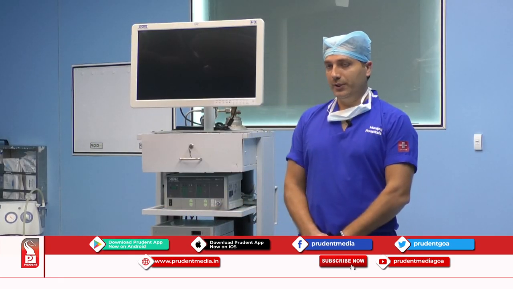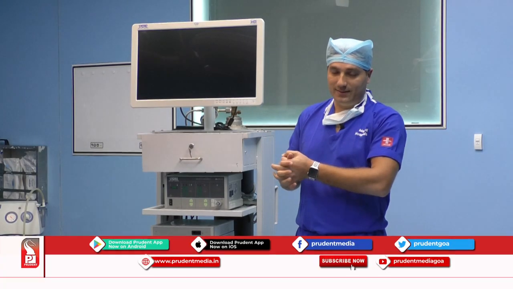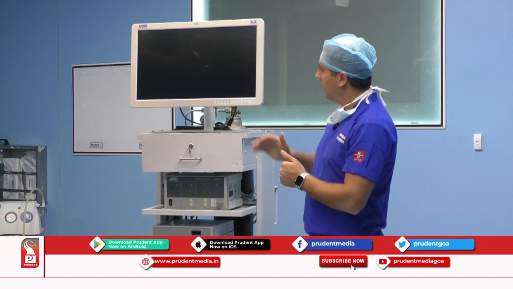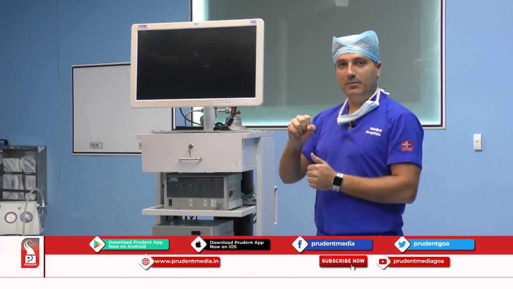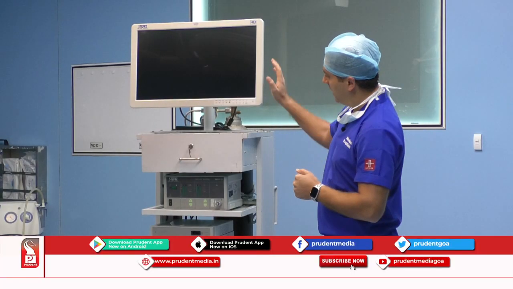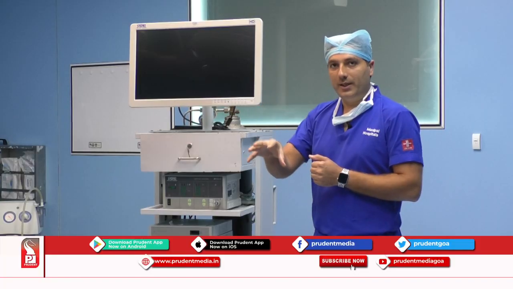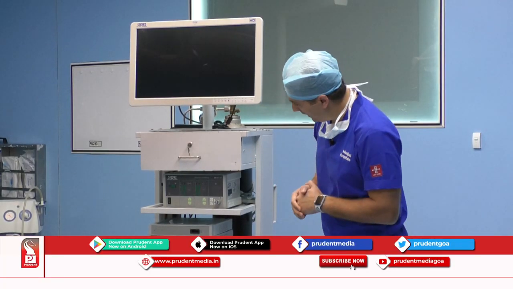I'm just going to talk to you about the basic laparoscopy setup that is necessary. This is the hardware that we need for the laparoscopic surgery. This is a monitor on which we see the images captured by the laparoscope. This is the insufflator, which will pump carbon dioxide into the patient's abdomen when we operate.